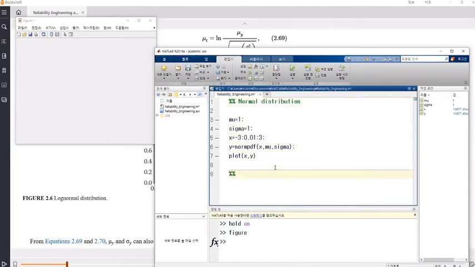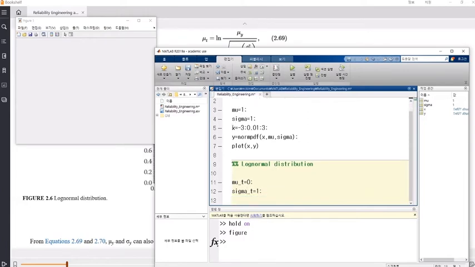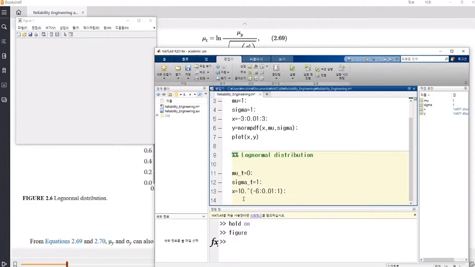So let's draw several graphs for log normal distribution. mu t is going to be 0, sigma t is going to be 1, and x is defined from 10 to the power minus 6 to 1, because the log normal distribution is defined for non-zero values.